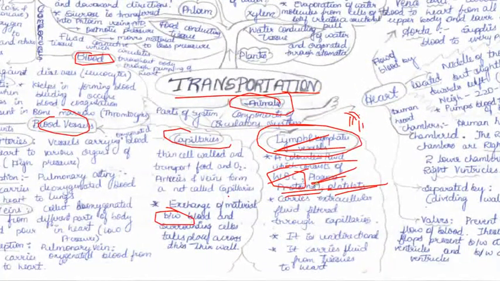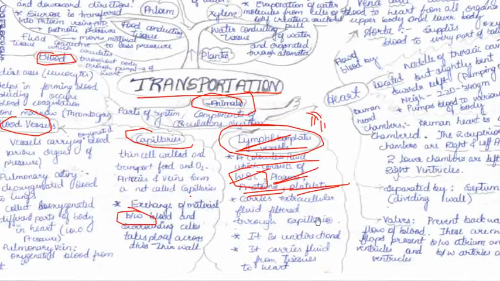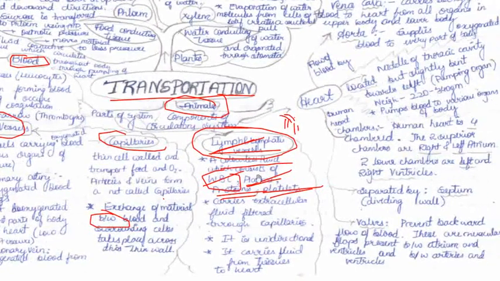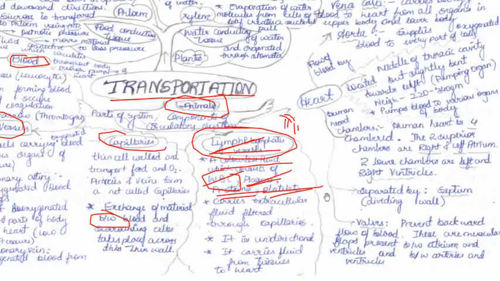Now what is the function of lymphatic vessels? These vessels carry extracellular fluid, that is lymph, that is filtered through capillaries. As we have studied, some leakage is present in capillaries, and that leaked fluid is extracellular fluid. This fluid is carried through lymphatic vessels and it is unidirectional, meaning it passes in one direction only.